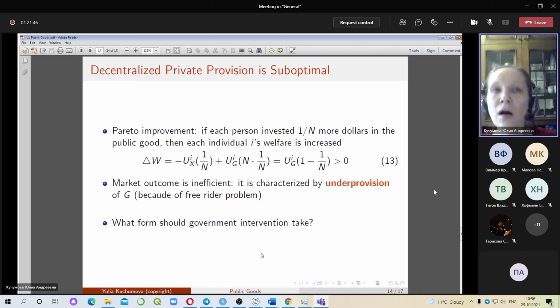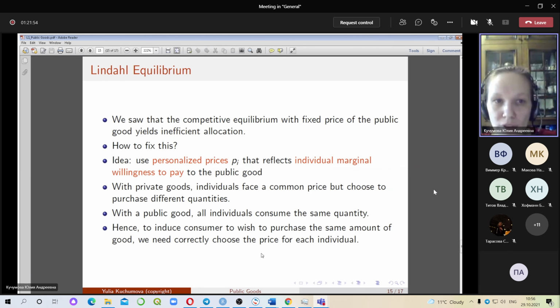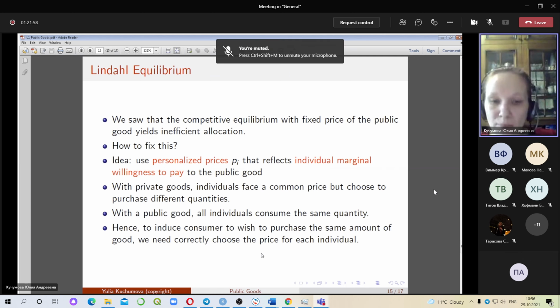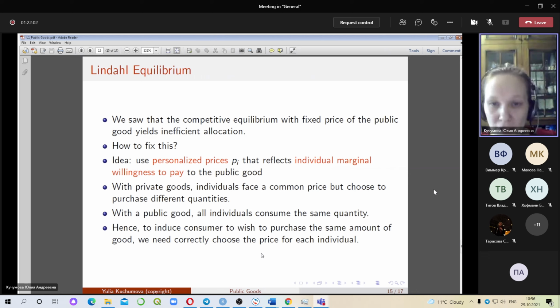There are various interventions that could be taken. One is very famous and called Lindahl equilibrium. I presume you already heard about it in your microeconomics course. It's not perfect.